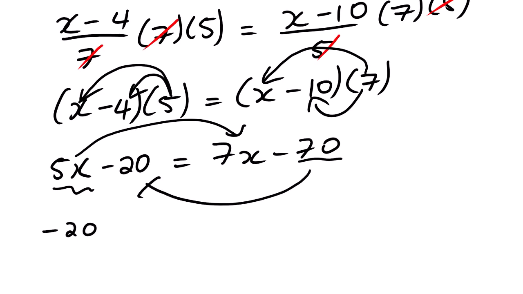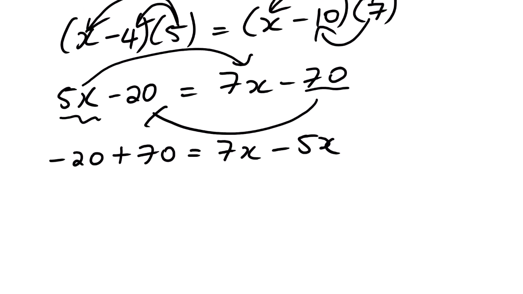So doing that, we have negative 20 plus 70 equals 7x minus 5x. 7x minus 5x is 2x, equals negative 20 plus 70, which is 50.